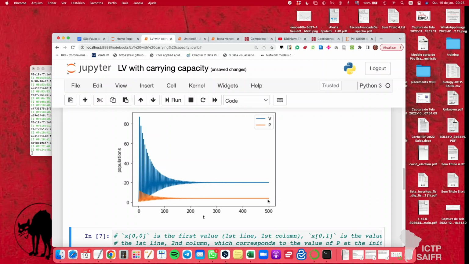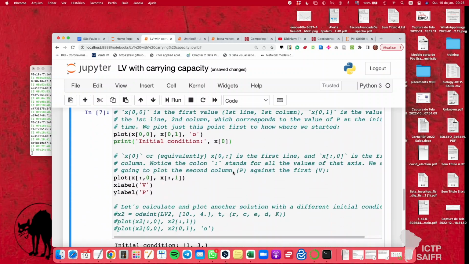And just to mention the fixed point, for instance, if you look at prey here, the carrying capacity was 1,000. Okay? But it's not even near 1,000. So it does not go to carrying capacity. It goes to an equilibrium between predator and prey, which has different values, which are the values of the fixed point.